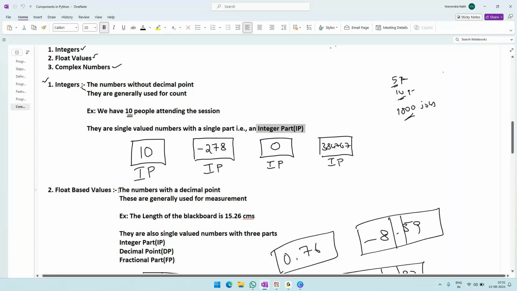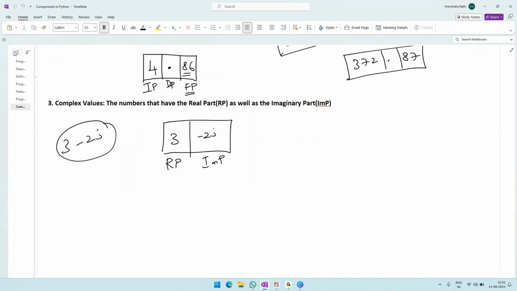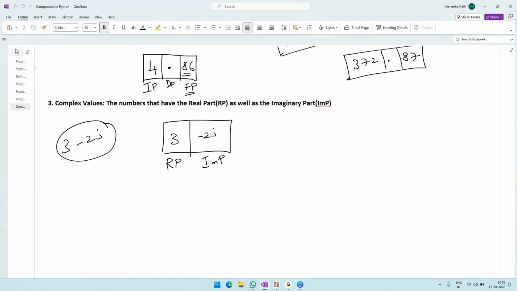Then again we talk about float based values, which are numbers with a decimal point. For example, 15.26 is a decimal point number. Under that we have the integer part, decimal point, and the fractional part. These are the three things under float. Then we talked about complex, where there is a real part as well as an imaginary part.